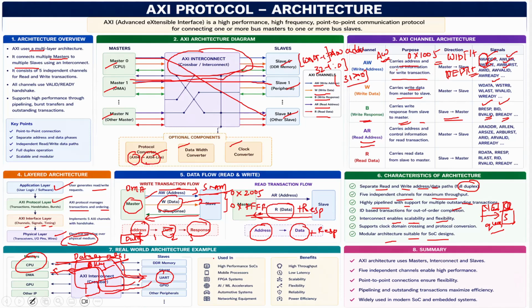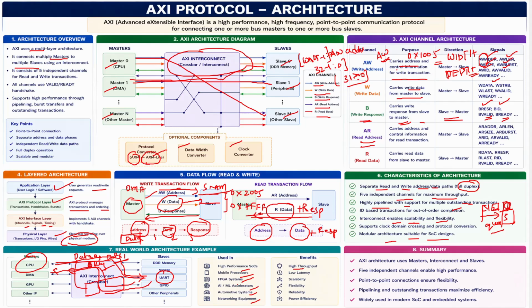And then use cases: high performance SoCs, and high throughput. It is used in mobile processors, FPGA systems, AI accelerators, automotive systems, and networking equipment. In the mobile industry we are using it everywhere, and then AI tools.